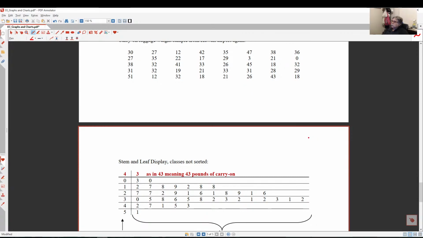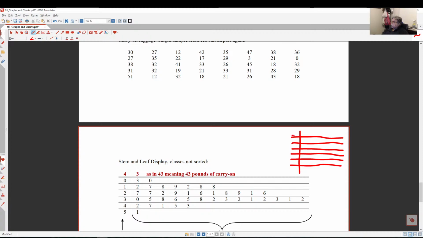I might do that by using a computer, but if you don't have that readily available, you're going to do something like this. You're going to sort that into single digits, into tens, into 20s, into 30s, into 40s, and into 50s.